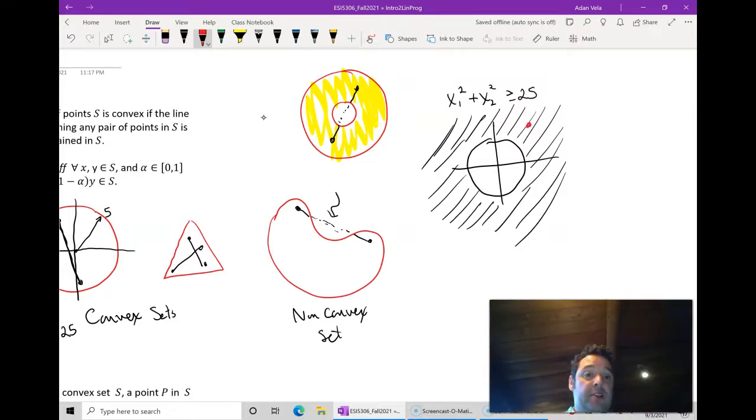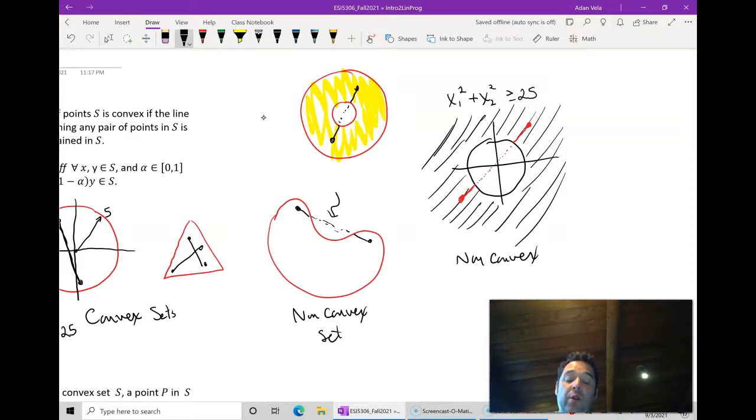That point is inside of the feasible space. It satisfies the constraint x1 squared plus x2 squared is greater than 25. And certainly this point would satisfy that constraint. But if I draw a line connecting them, there's a part right here where that line is not inside the feasible space. And for that reason, this set is also non-convex.